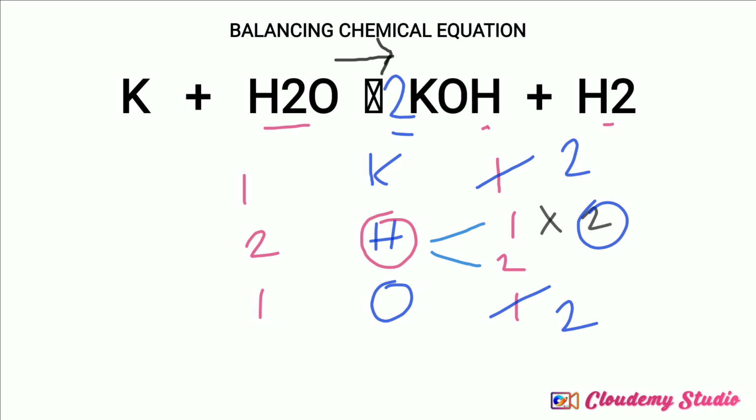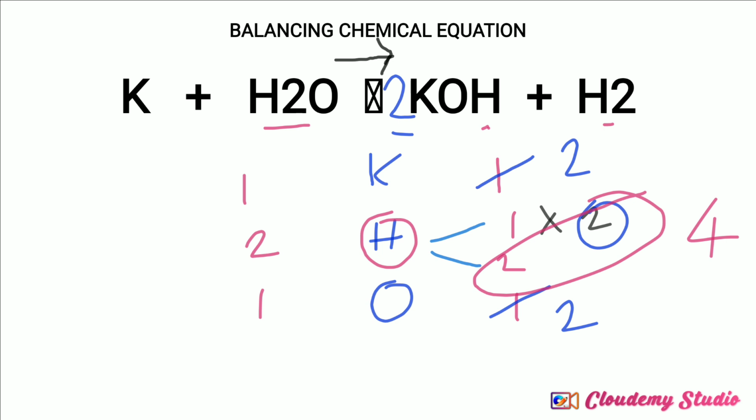Now hydrogen at the right hand side, how many atoms are there? Total number of hydrogen 2 plus 2, 4. Now we can check the atoms at the left hand side.